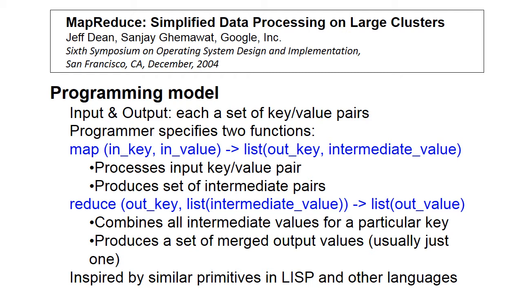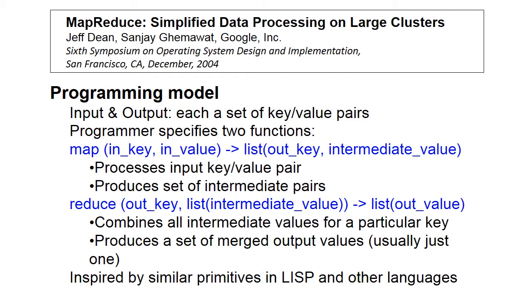So the code itself is usually some function, and the data is passed into the input arguments and you get an output. Okay, so that's essentially what a functional language is. And the people at Google figured out that this was the best way to deal with computations on big data.